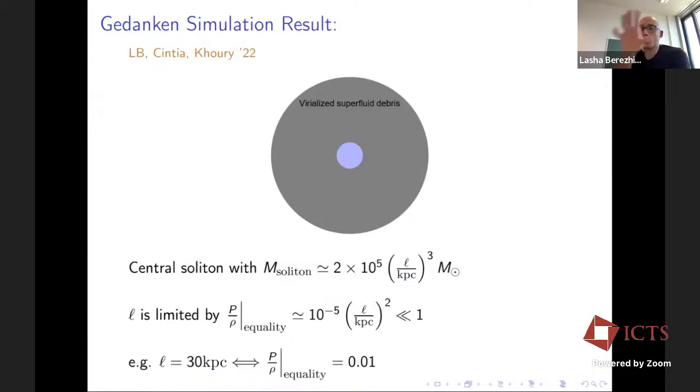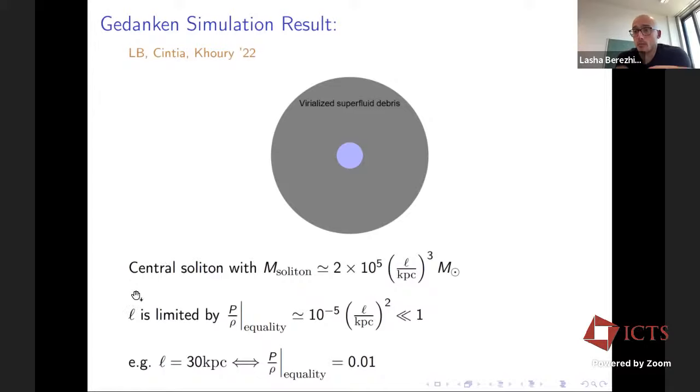On average it will be virialized, and our best guess is that this distribution will be similar to the NFW distribution, but the difference is that they are not in particle form. These are virialized streams of the superfluid dark matter.